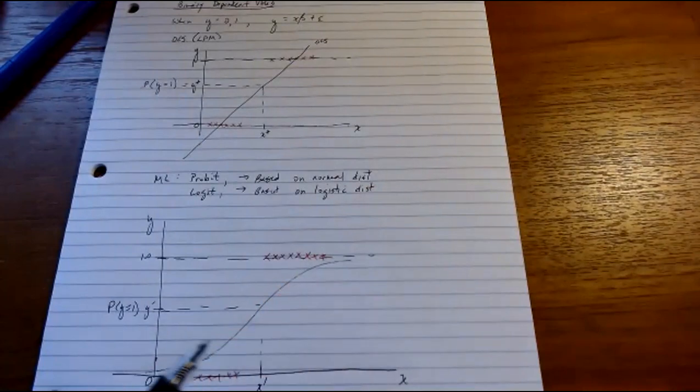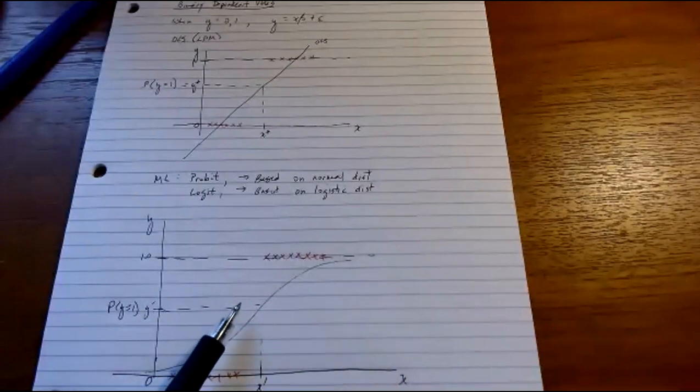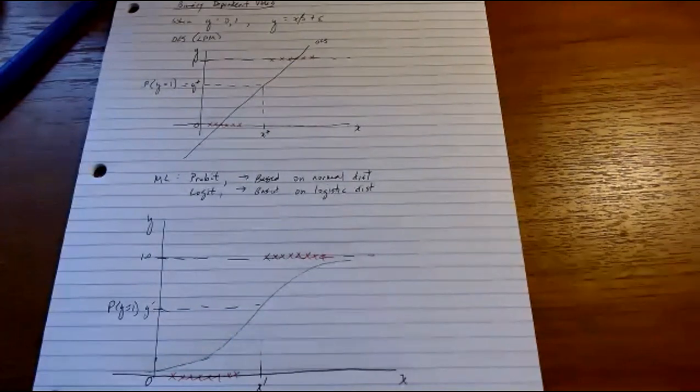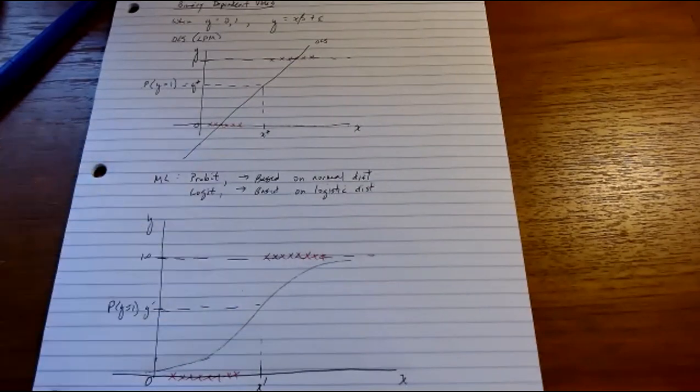So if you don't have extreme values of x on either end, if things are clustered pretty much near each other, then the OLS model is not the worst thing in the world, but you're always better off using logit or probit in this case, okay?